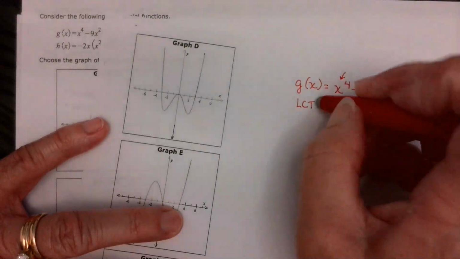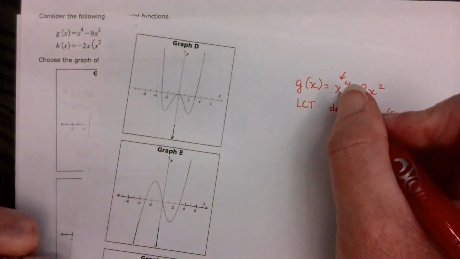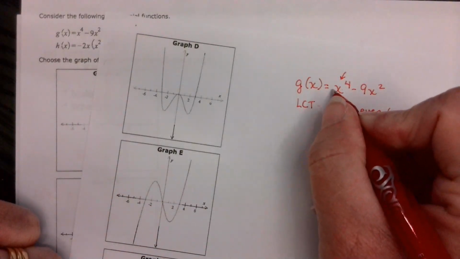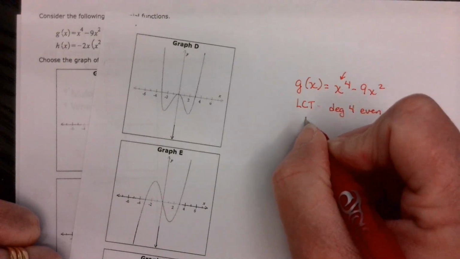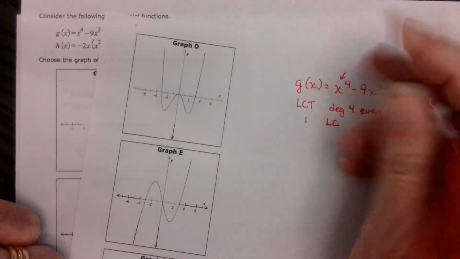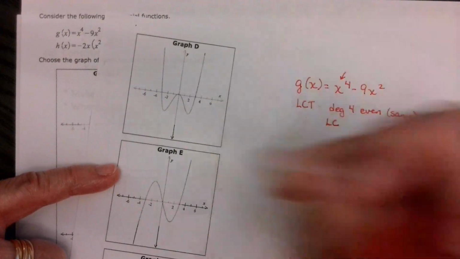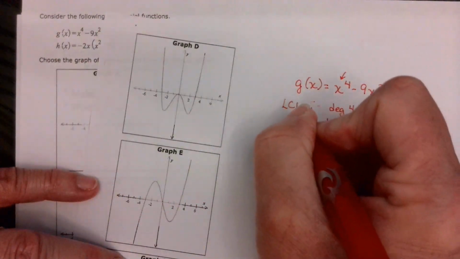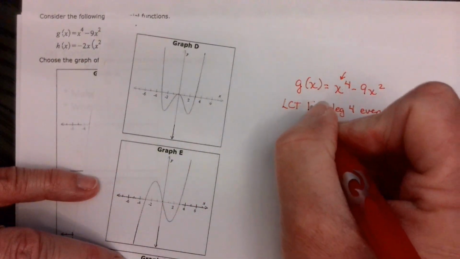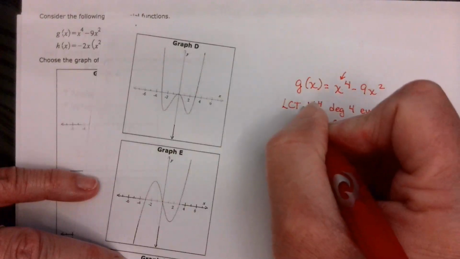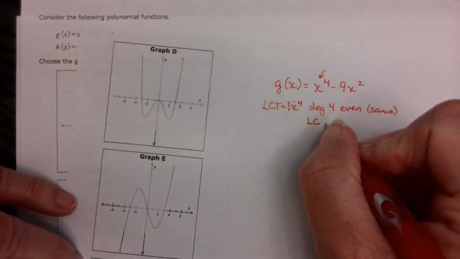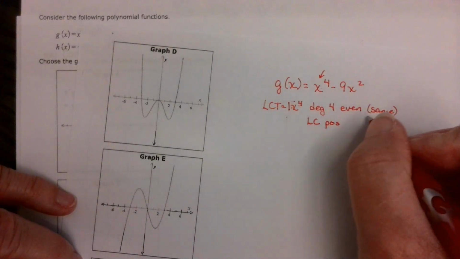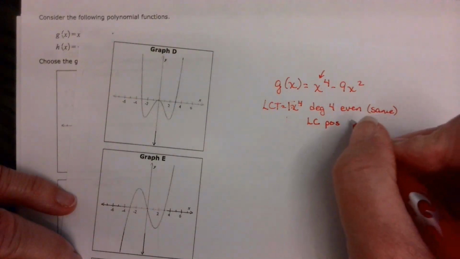The leading coefficient is positive because it's positive 1. Because we're dealing with the leading coefficient test, we are only dealing with the 1x to the fourth. That's what we're talking about. So the leading coefficient is positive, which means they're both going to go up, or the right side's going to go up.